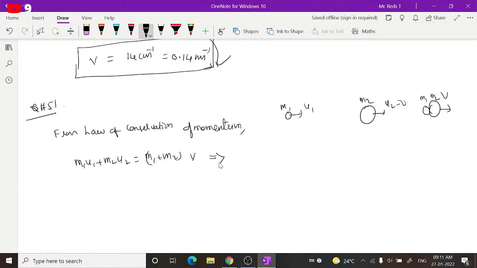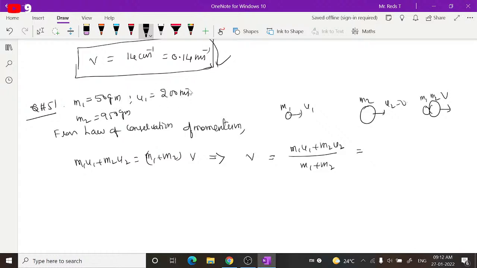So from this, the common velocity v is equal to m1 u1 plus m2 u2 divided by the total mass m1 plus m2. Here m1 is 50 grams, m2 is 950 grams, and u1 is 200 meters per second. This is given in SI units, and of course u2 you have to take as 0.